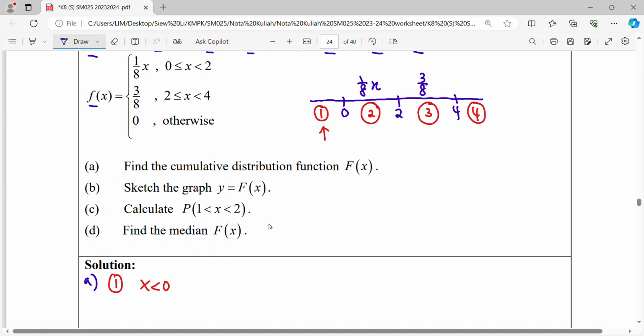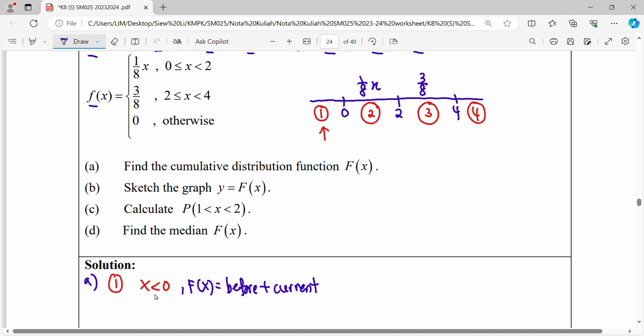Because the second interval is 0 until 2, before 0 is not included. For the cumulative distribution function, we take the probability before that plus the current interval, and finding the probability means finding the area.